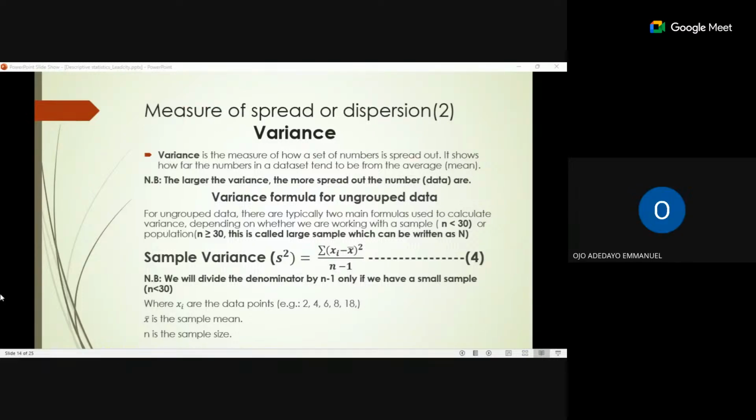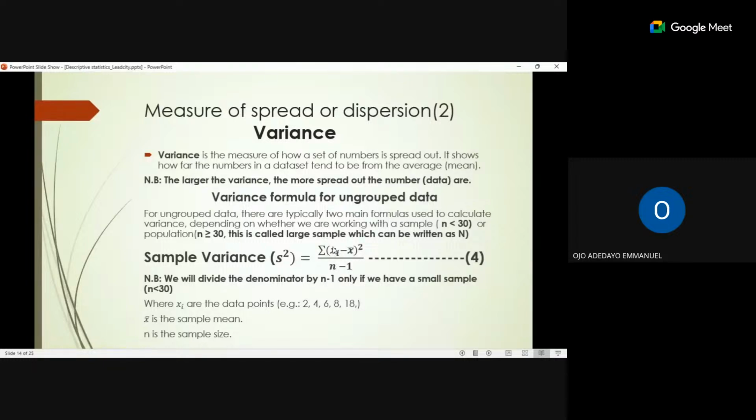Okay. So now, remember that we have mean for ungrouped data and mean for grouped data. The same thing goes with the variance. We have variance for ungrouped data, and we have variance for grouped data. Now, let's move on. If you look at this slide, for ungrouped data, we have the sample variance.